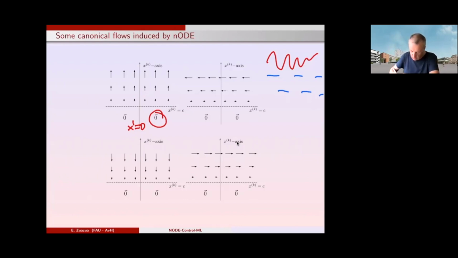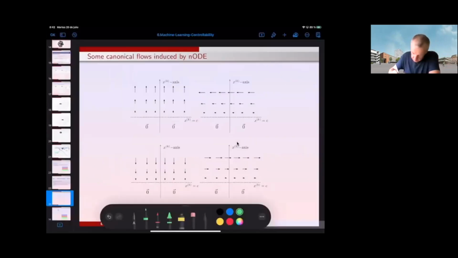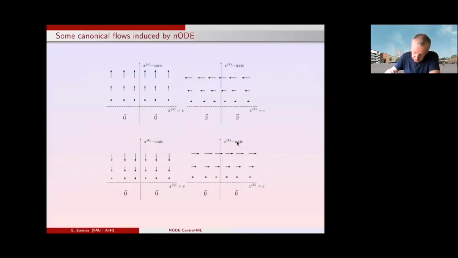So this equator determines the separatrix, the interface, which is determined by B and A, right?